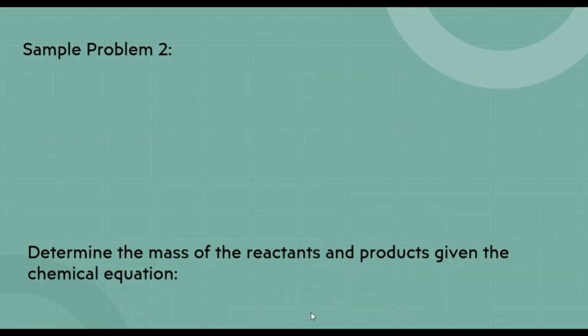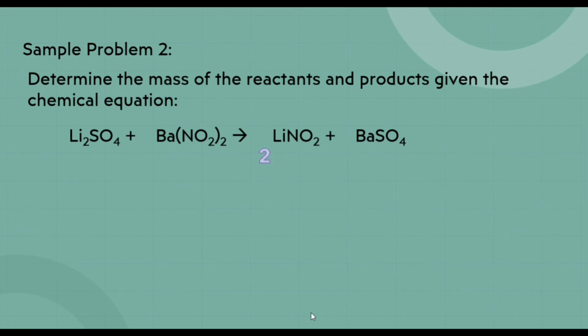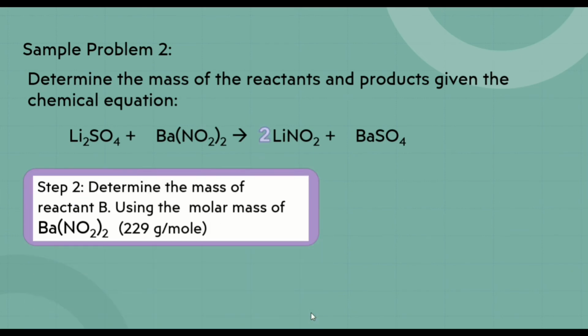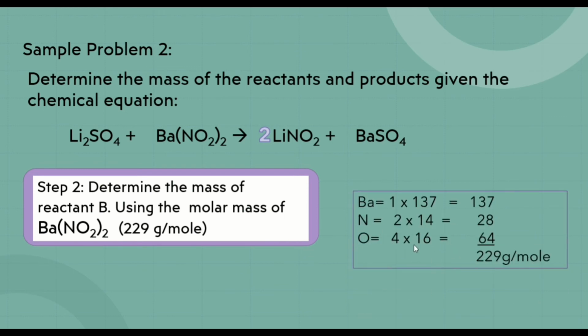Step 2, determine the mass of reactant B. And our reactant B is barium nitride. Okay? And then we have 229 grams per mole. Still, how did we get 229 grams per mole? That is barium. 1 only since we don't see a number here.